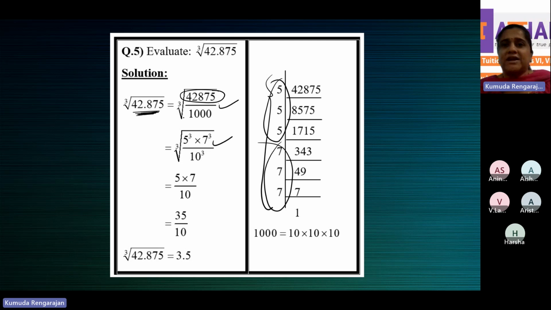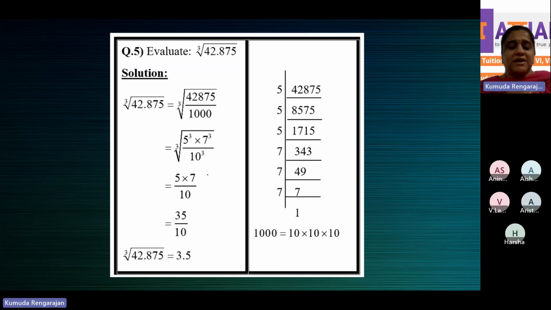The denominator is 10 into 10 into 10, so 10 cubed. Then, to get rid of the cube root symbol, from 3 5s, 1 5 out. From 3 7s, 1 7 out. From 3 10s, 1 10 out of the cube root. So 5 7s are 35 by 10, which is 3.5. So the cube root of the given number is 3.5.